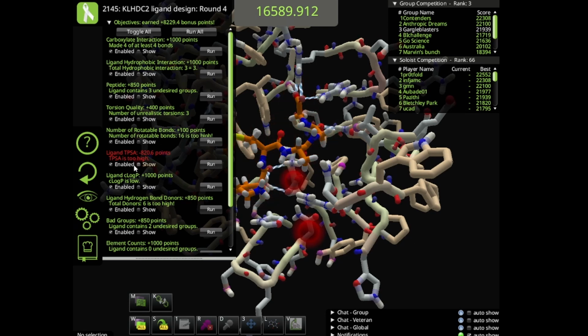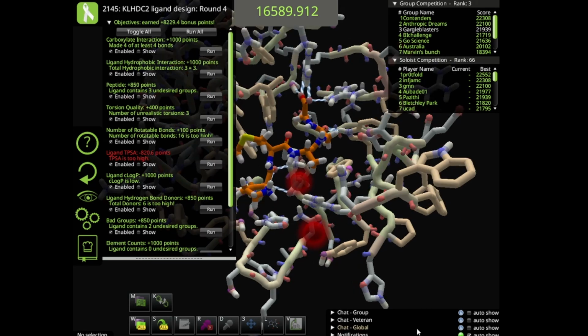Next is ligand C log P. I don't know how to pronounce it, but C log P indicates how hydrophobic your ligand is. So you can add polar atoms to improve your C log P. But now my C log P is perfect, 1000 points, so I should remove the polar atoms.